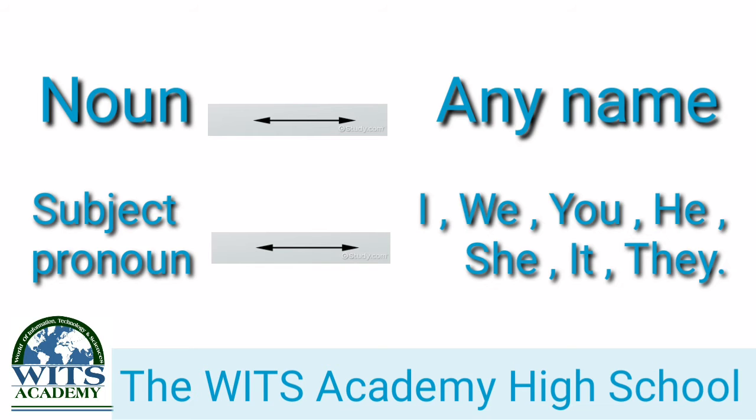Noun means any of the name, and the subject pronouns are I, we, you, he, she, it, they. I said that the addition of s, es or ies with the verb depends upon our subject.